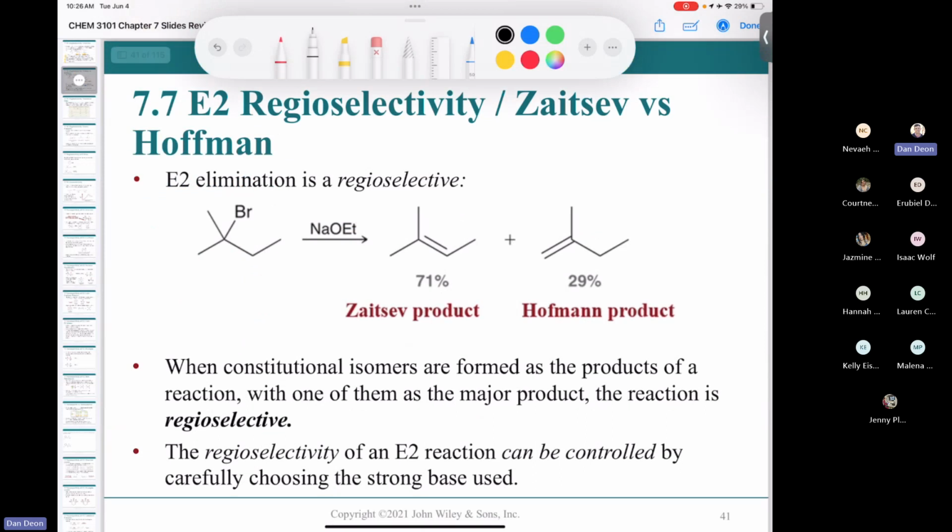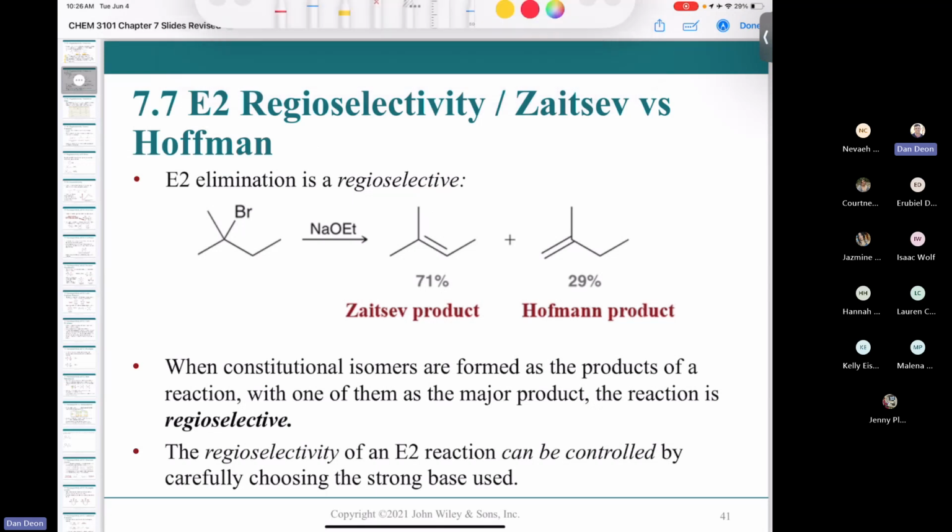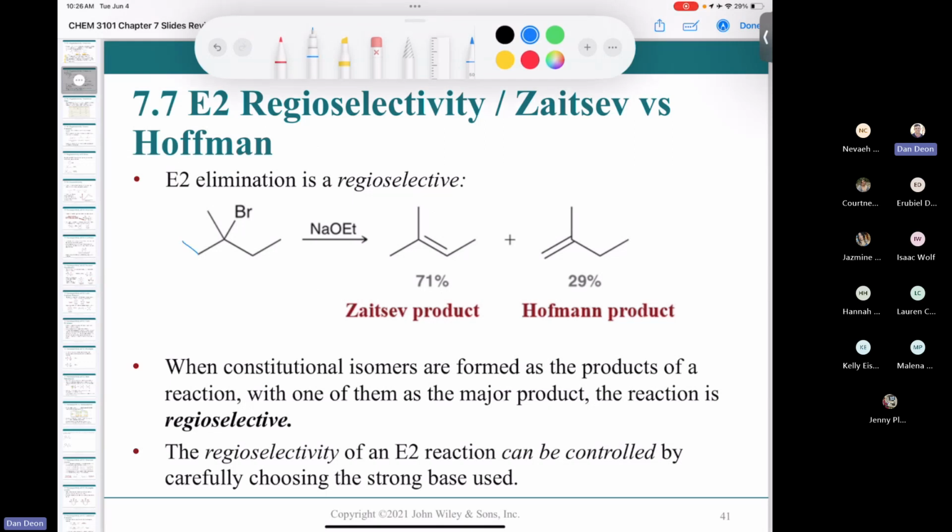So we say that E2 elimination is a regioselective reaction, right? It selected one proton more than it selected the other. The blue proton is in one region of the molecule, the black proton is in another region, and it's more selective for abstracting one than the other. So we say it is selective by a region.